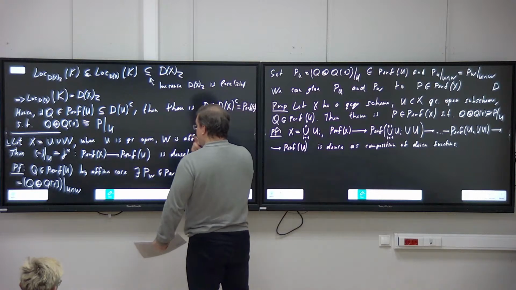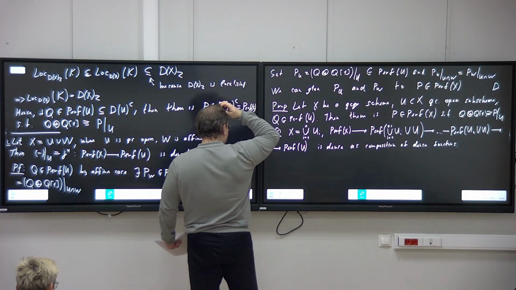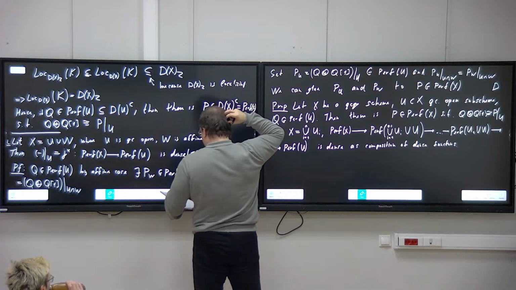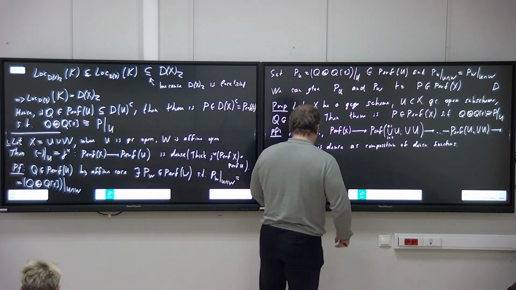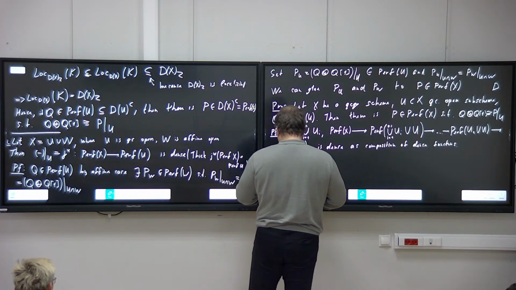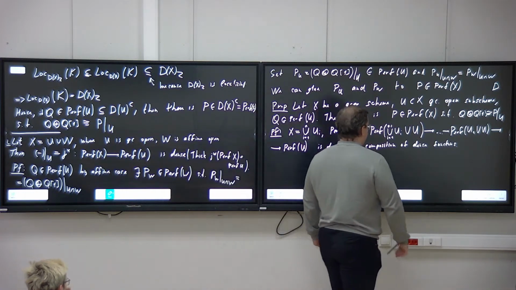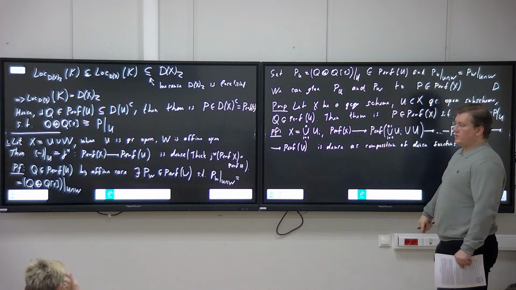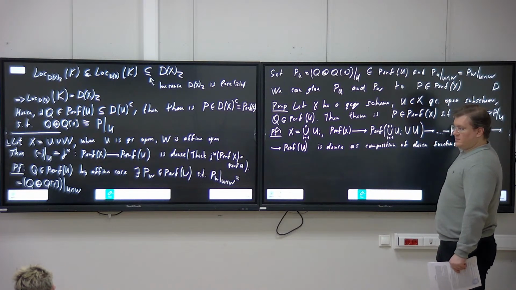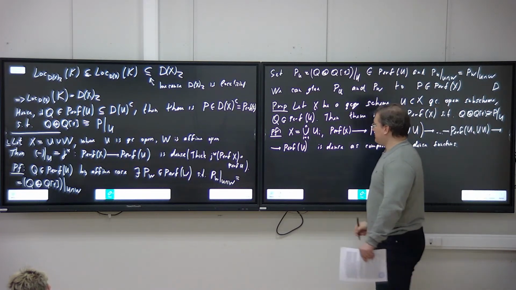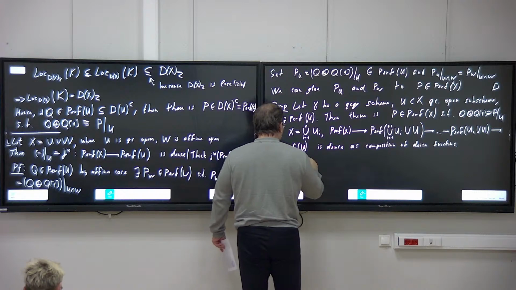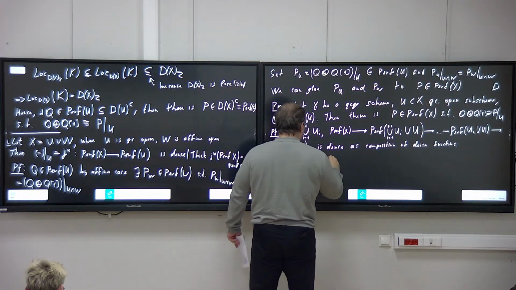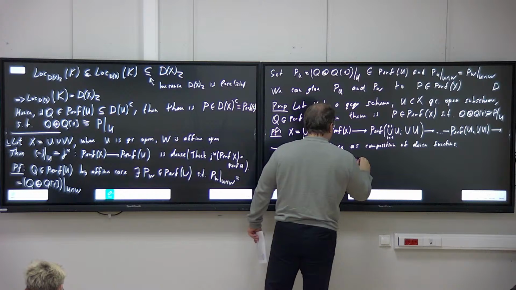Right, and then I can use the K0 argument. Since I have a dense functor, the K0 argument gives the result.